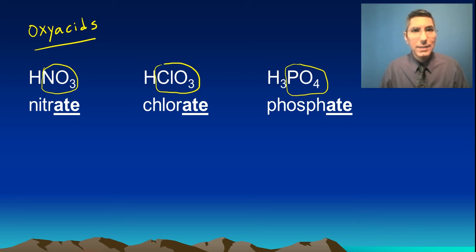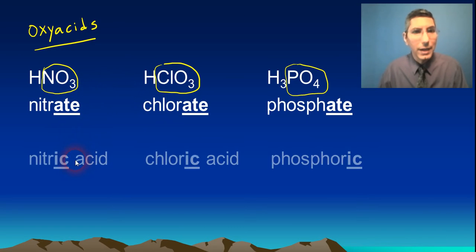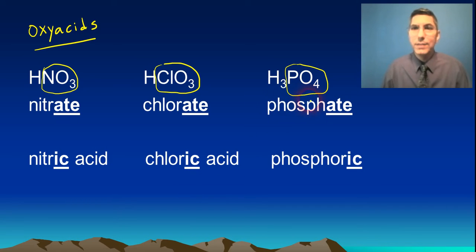So in this case the H and then the NO3 nitrate becomes nitric acid. And ClO3 is chlorate, so HClO3 would be chloric acid. And PO4 is the phosphate ion, so we call that phosphoric acid.